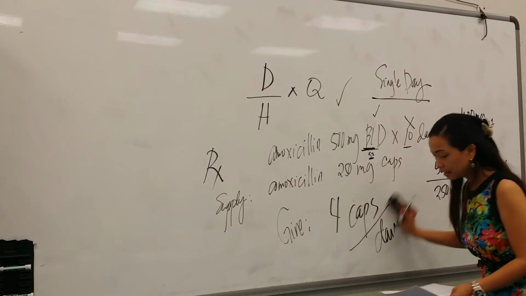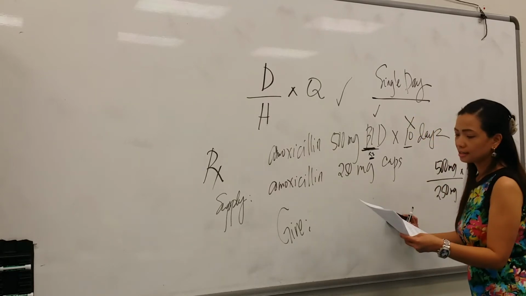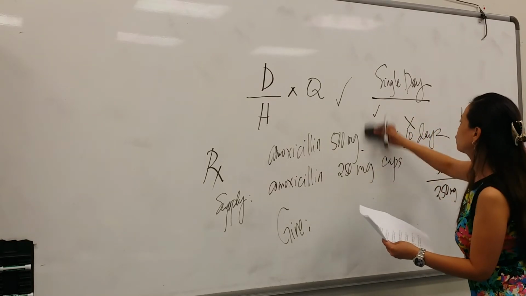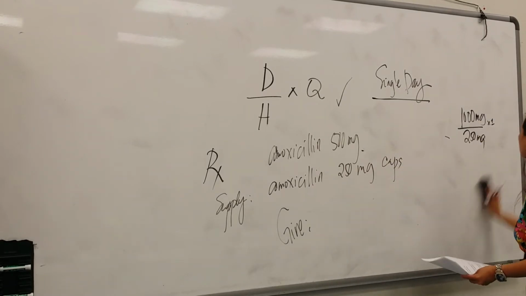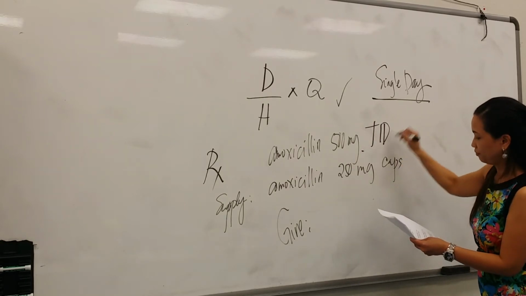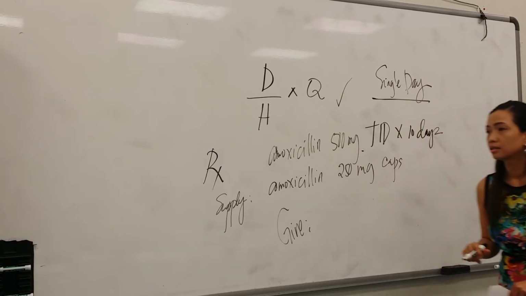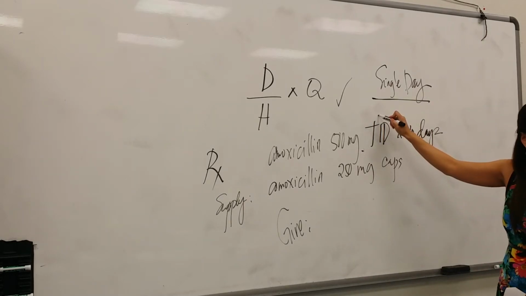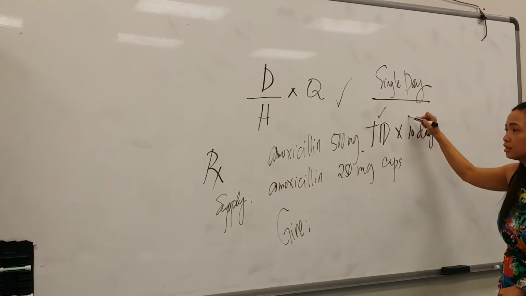Last one. Calculate for total volume. Amoxicillin, 500 milligrams. This changes to a TID times 10 days. Does this matter for total volume or total quantity to be dispensed? Yes.